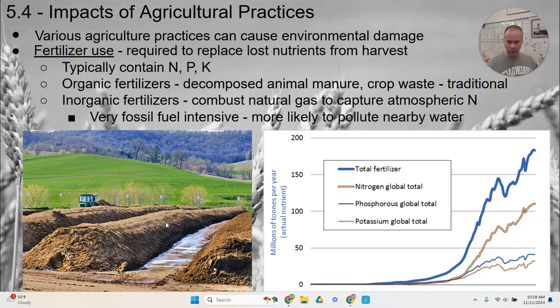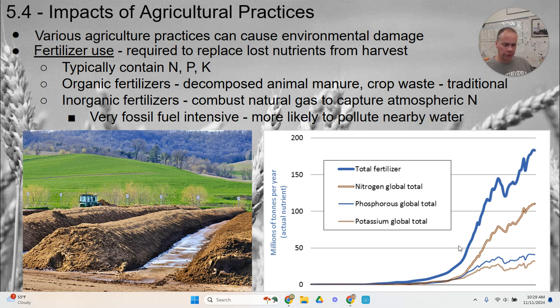And so what we see here, this picture on the left shows composting taking place. Oftentimes, farmers can store their animal waste like cow dung and compost it over time, and then use that composted manure to fertilize their soils. This graph shows the production of different fertilizers.